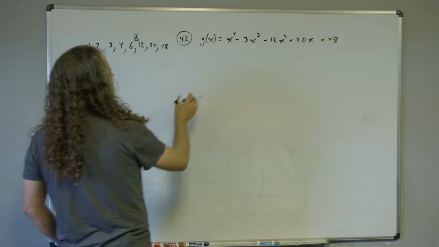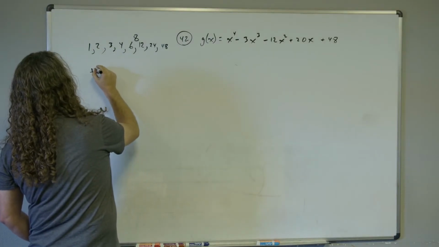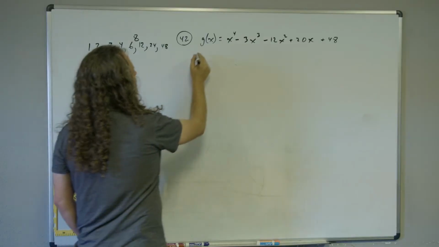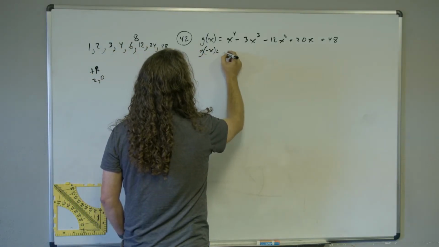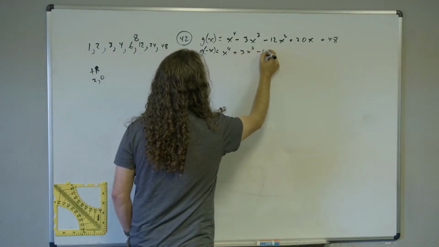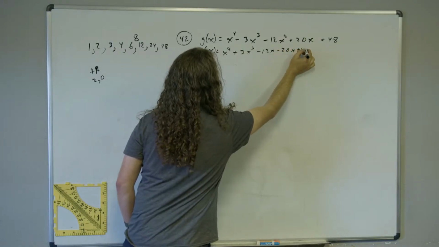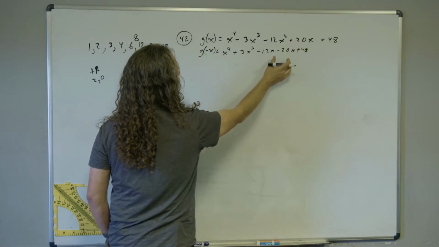All right, so how many sign changes are there? There's 1, 2 changes. So for positive real ones, there's either 2 or 0. G of negative x is x to the 4th plus 3x cubed minus 12x squared minus 20x plus 48. So how many changes are there? There's 1, 2 changes.